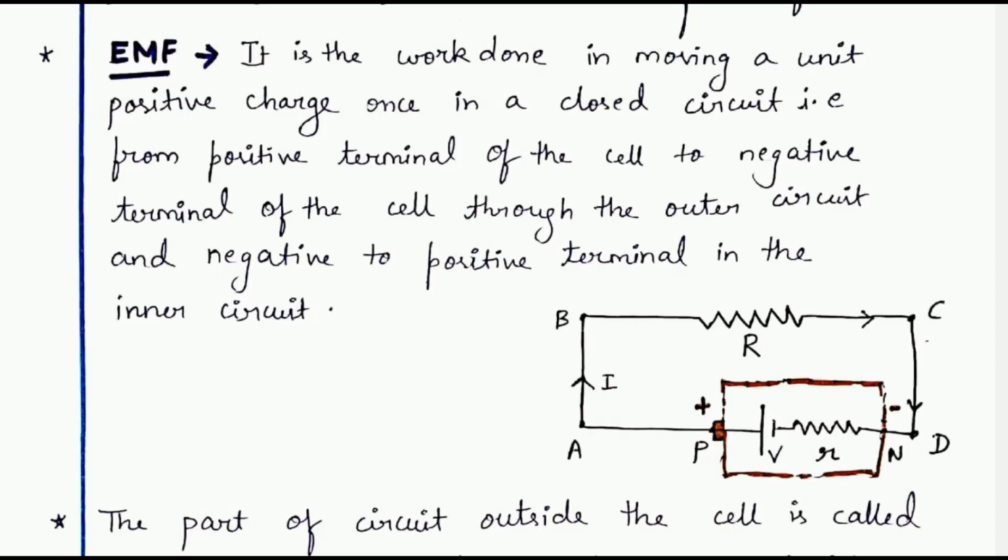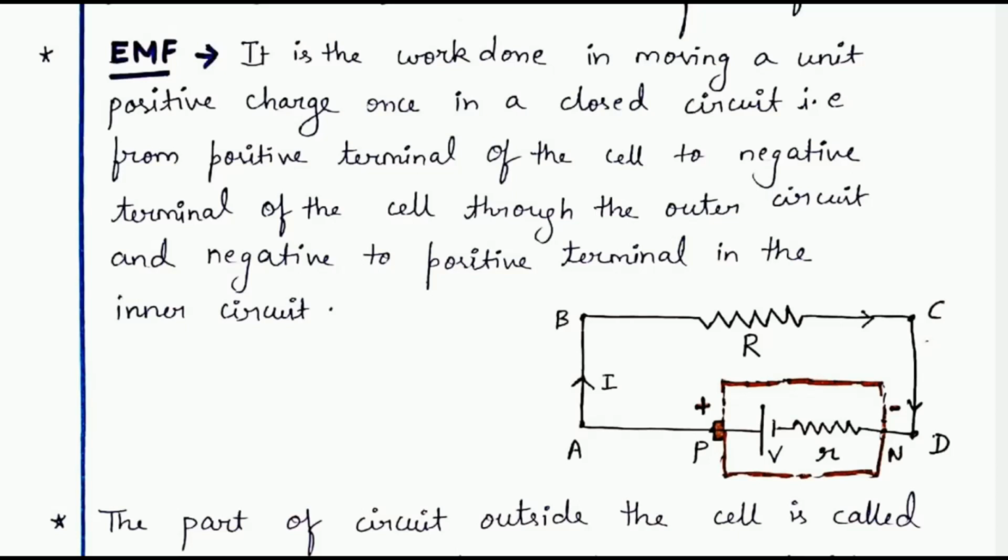So if we take a unit positive charge and suppose we take a point P, that is the positive terminal, we start from there, we go to A, then B, then C, then D, then N, and at last return back to P. Then the work that we have to do for this much of movement will be the EMF of the cell.